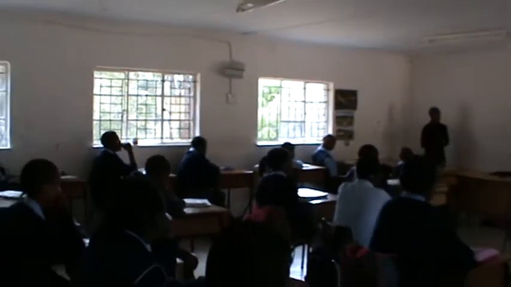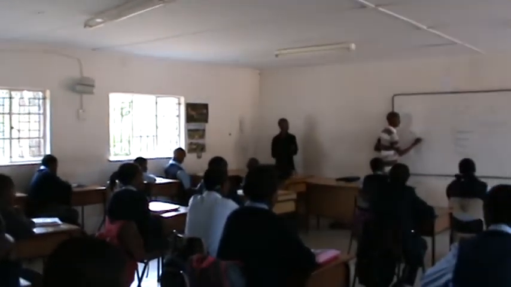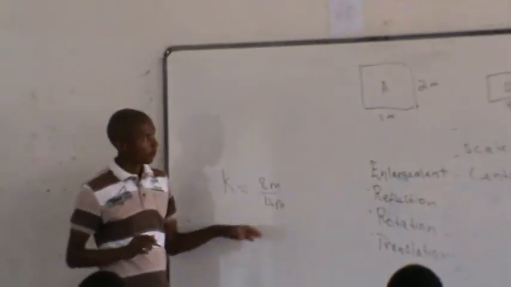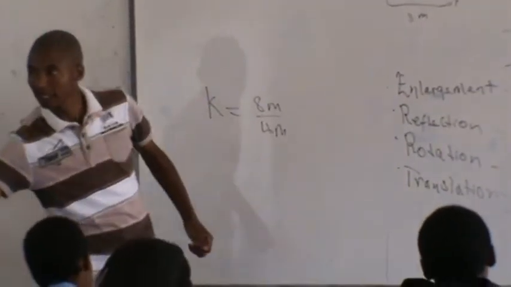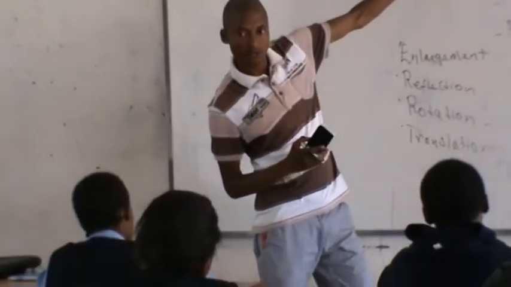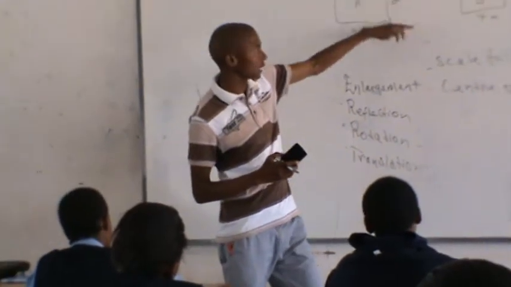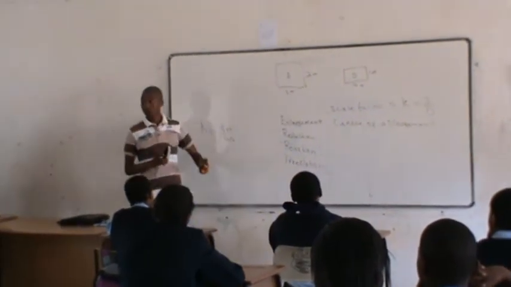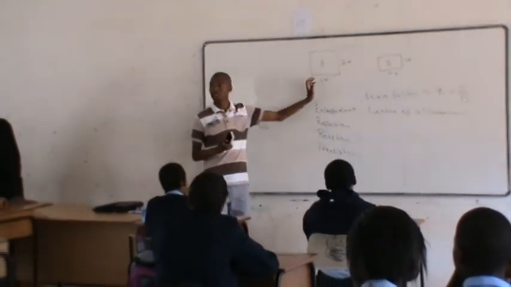You said we can have our scale factor given as 4 meters divided by 8 meters. I said you enlarge this figure, or this figure is transformed using a certain scale factor. So it has to be clear what the question said. You have to make sure that you understand the question.